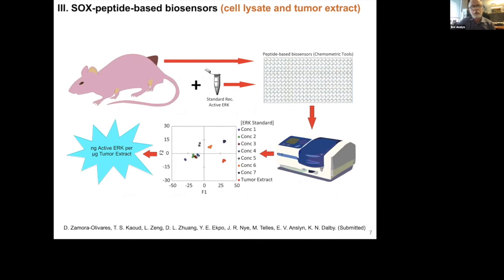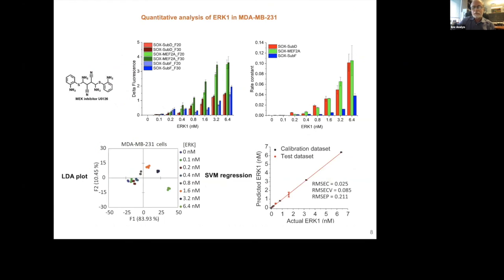We also are able to explore actual cell lysates and tumor extracts from animals, once again in collaboration with the Kevin Dalby group, who grows the mice and has the tumor extracts and puts the tumor extracts into the array setting where each and every one of these spots in the array would carry our cross-reactive peptides, allowing us once again to make patterns of which kinases are active and which kinases are inactive in the cancerous cells versus normal cell extracts. And honestly, I think this is just more data with more inhibitors.